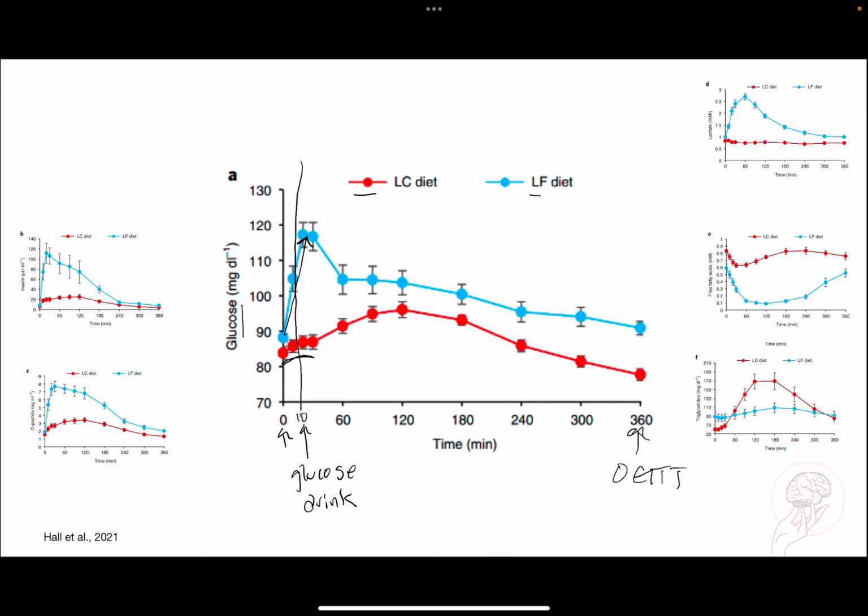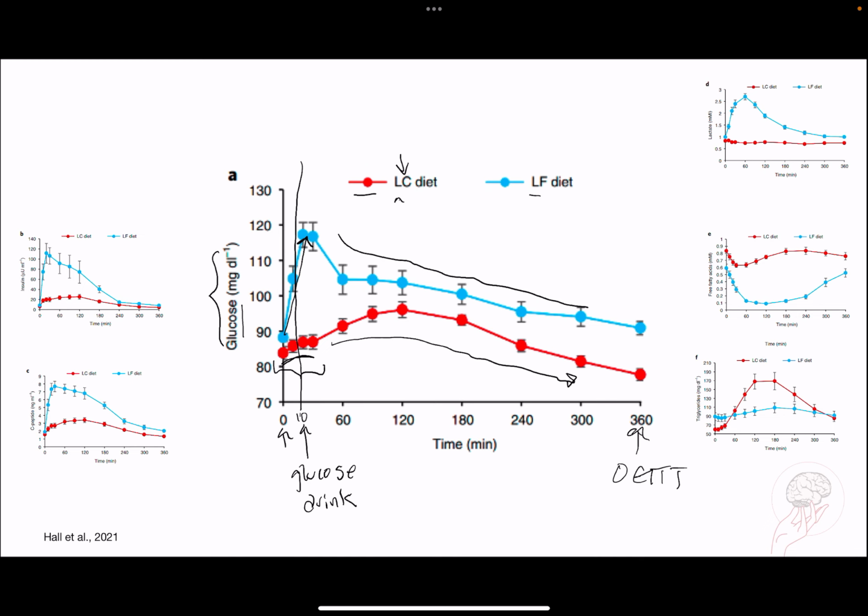That's kind of unusual. You would think a low-carbohydrate diet, you would think we'd see a dramatic increase in glucose. So this is our first indication that something odd is happening. Because after this, they largely normalize, although the low-carbohydrate diet consistently has lower blood glucose.